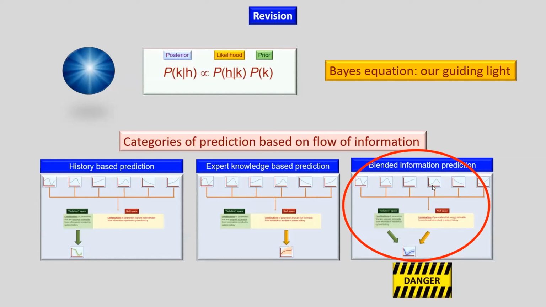And then there's a 3rd type, which we've called blended, where the prediction is partly informed by the historical behaviour of the system and partly informed by expert knowledge and the stochastic nature thereof.